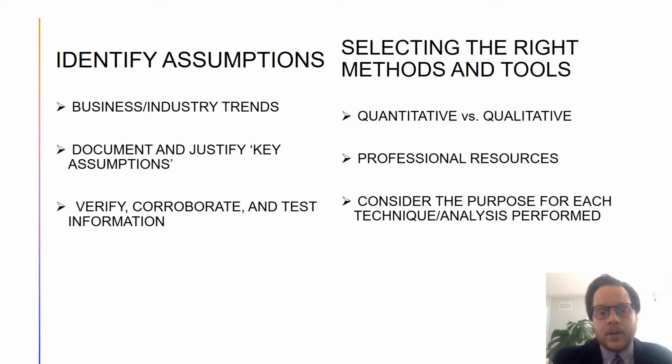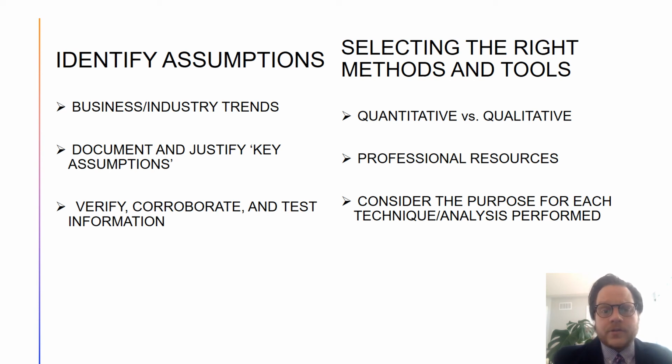Again, this is why we talked about the importance of being objective and having the right mindset going into the project, so that you can think about things like this, where you know that stakeholders may give you information that's biased to their preferences. Making sure that you're verifying information, corroborating and testing information where appropriate will help you identify those potential biases in the sources of information that you've been given.